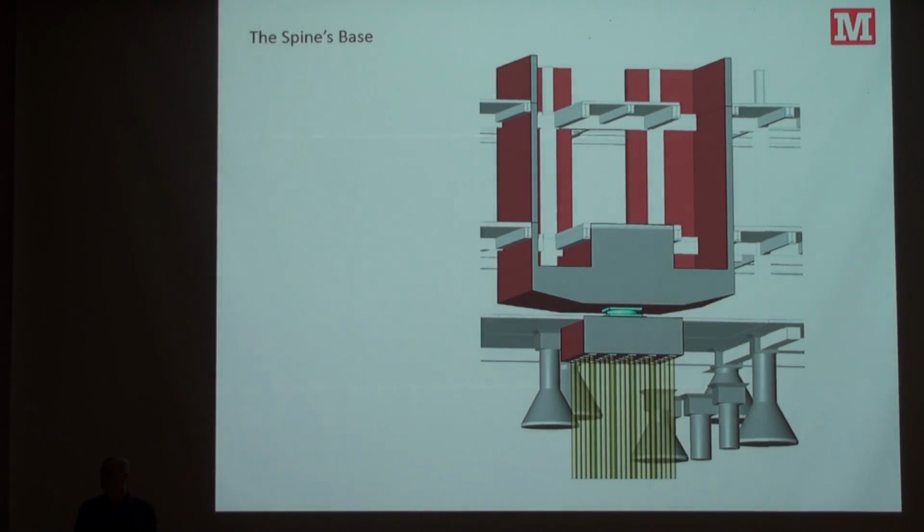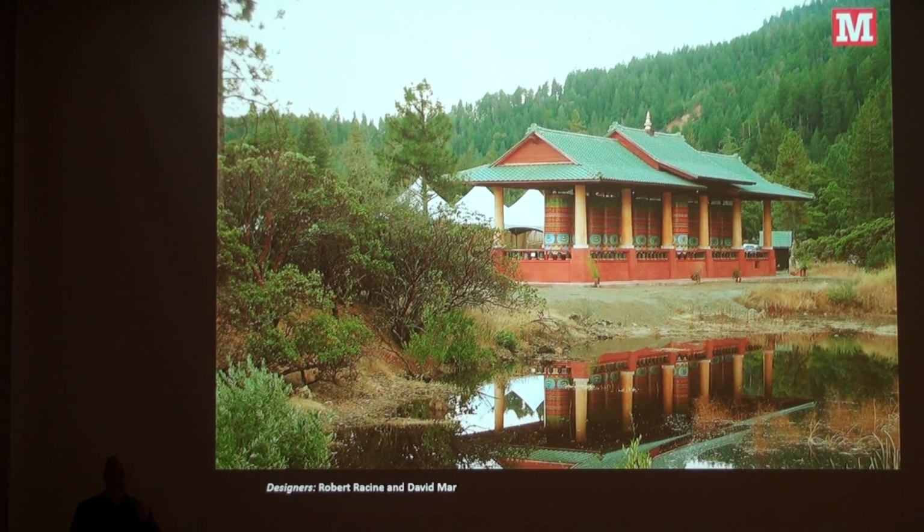So now I'm going to switch scales, and I'm going to talk about a little team project. This is a prayer wheel pavilion. This is for a Buddhist retreat center in Northern California, and I designed this with the Lama, who's an artist, but not an architect.